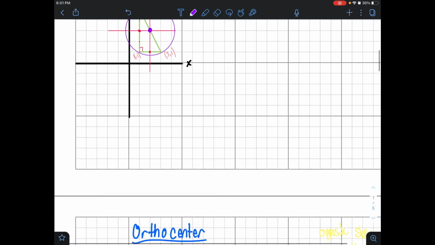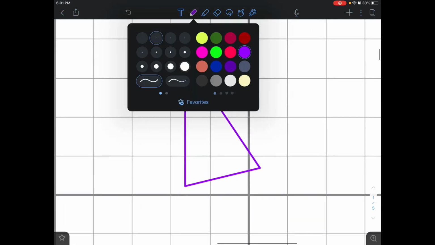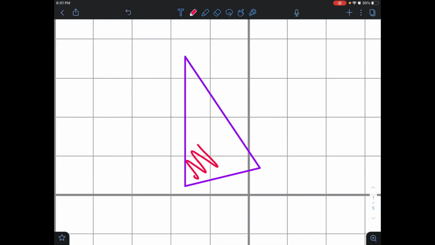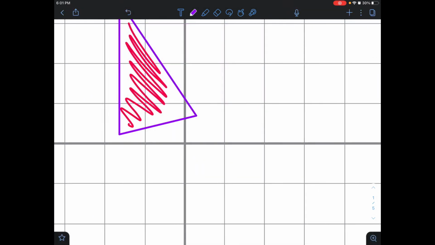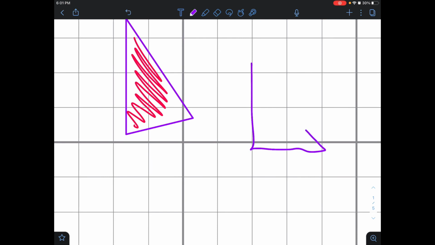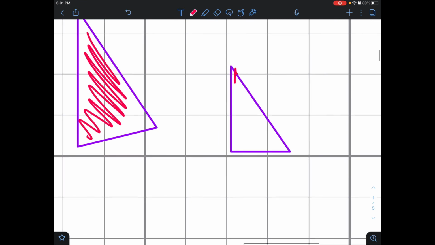And some tricks to know is that, here, let me draw a triangle here. If you have a triangle like this, the circumcenter is always going to be somewhere on the inside of the triangle. But if you have a right triangle, so that means it has a 90-degree angle on it, the circumcenter is always going to be on the hypotenuse line.